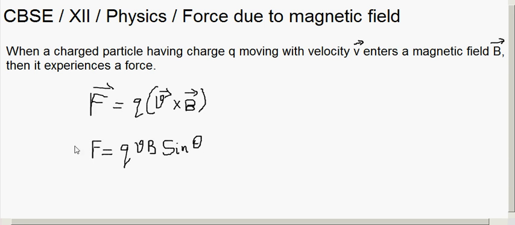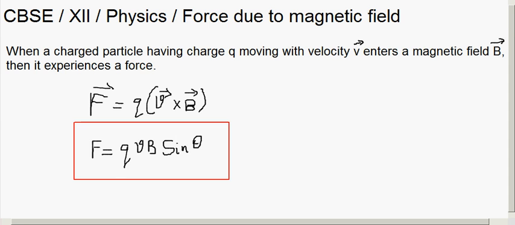But theta is the angle between V and B, that is, the angle between velocity and the magnetic field.